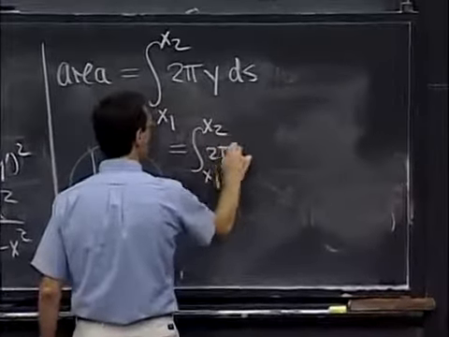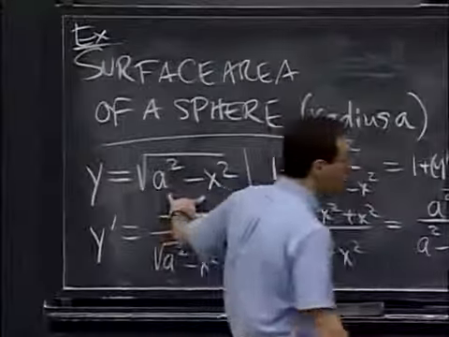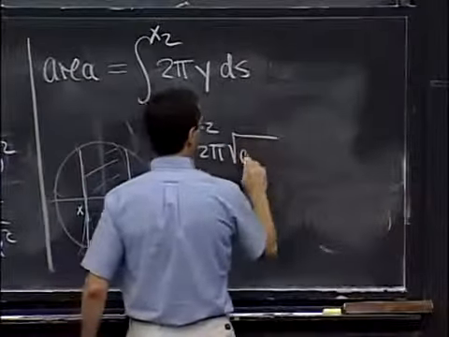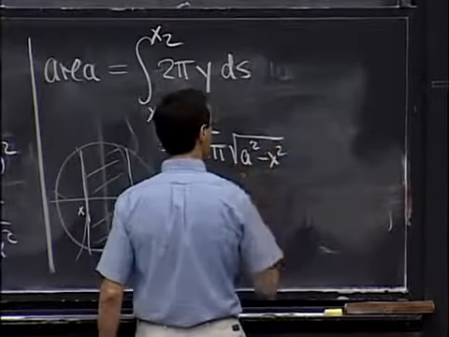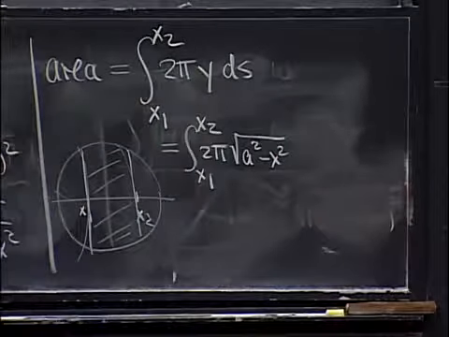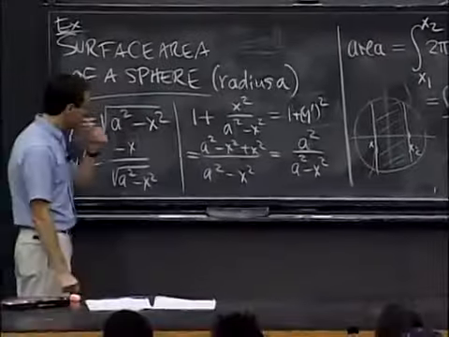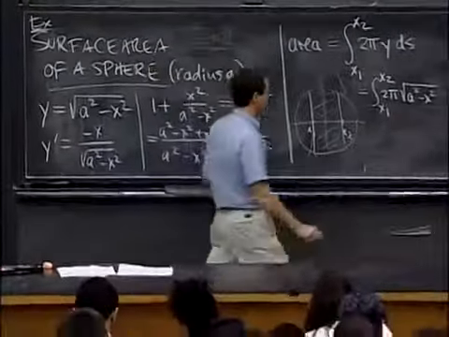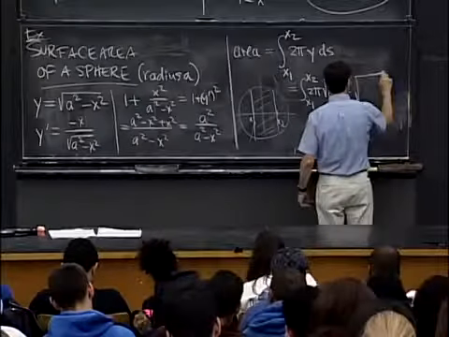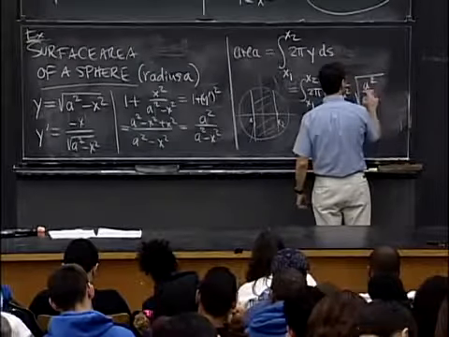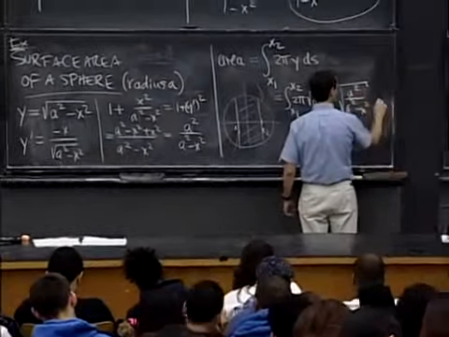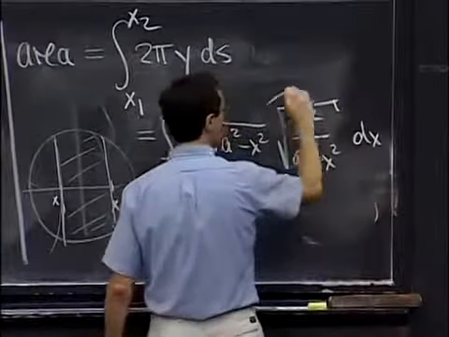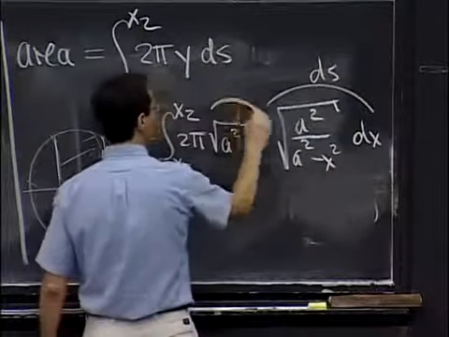So 2 pi, the formula for y is square root of a squared minus x squared. And the formula for ds, well, it's the square root of this times dx. So it's the square root of a squared over a squared minus x squared dx. All right, so this part is ds, and this part is y.